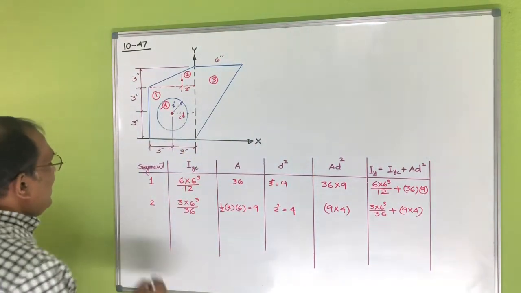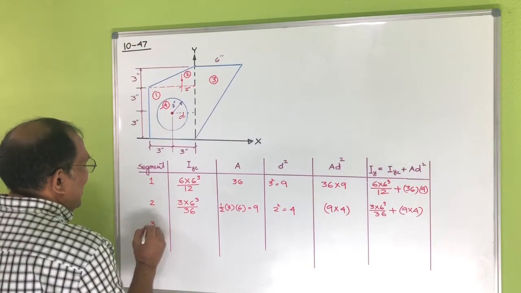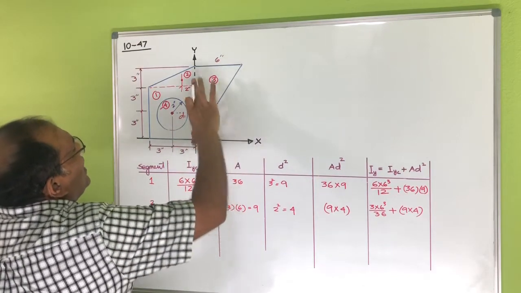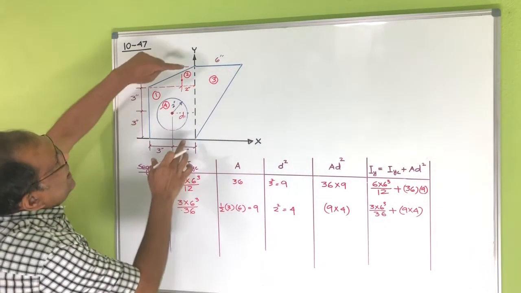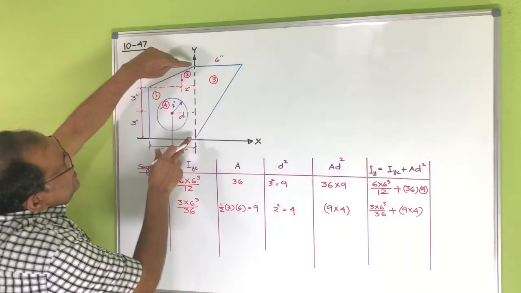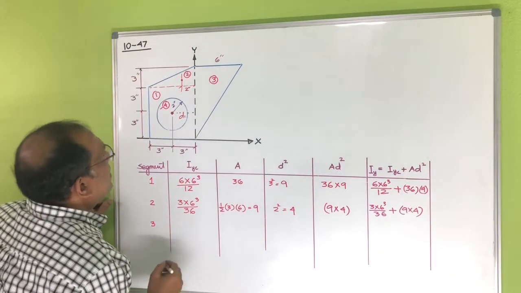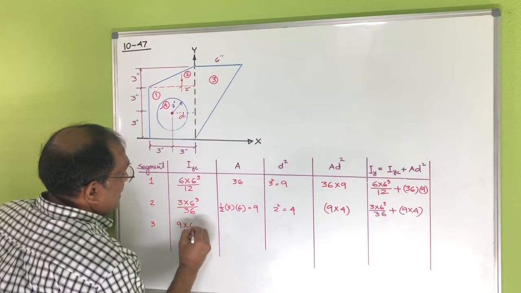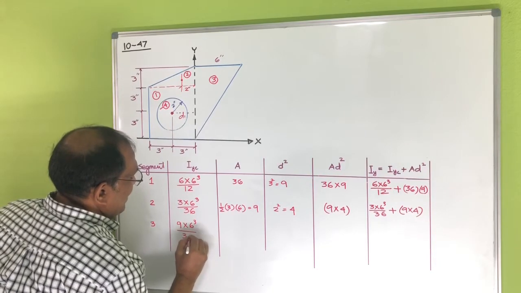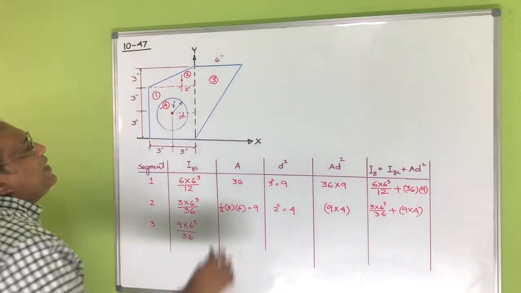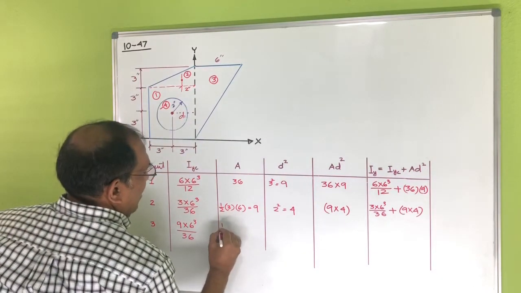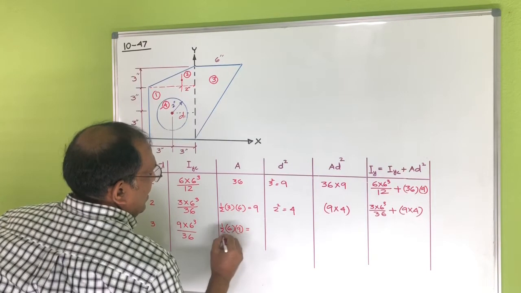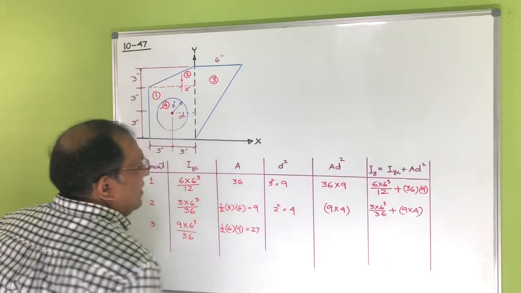Okay. Similarly, segment 3, which is also a triangle, and you can see here that HB cubed by 36, H is 6, no actually 9, 6 plus 3, so 9 into 6 cubed divided by 36. Okay, now I need to know the area, which is half into 6 into 9. That's basically 27.